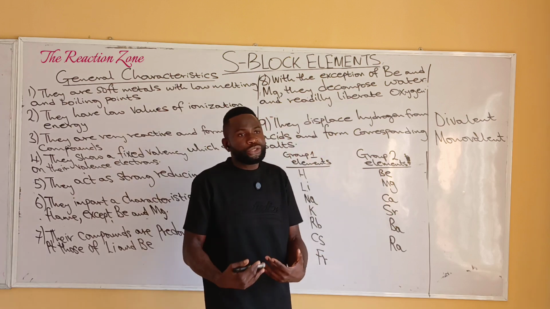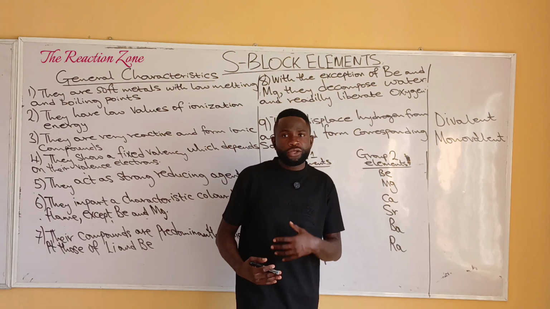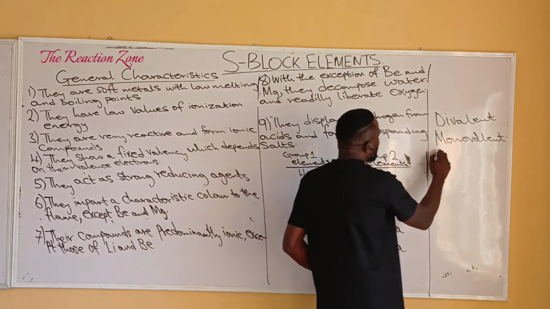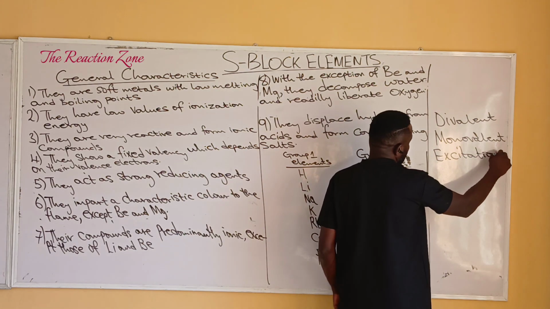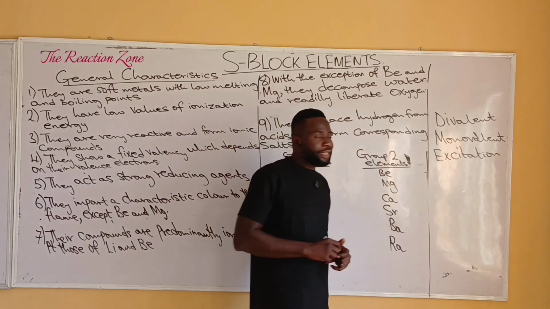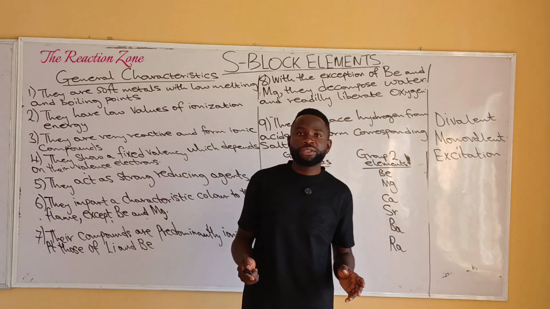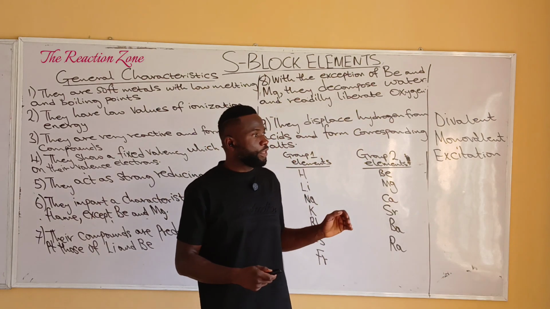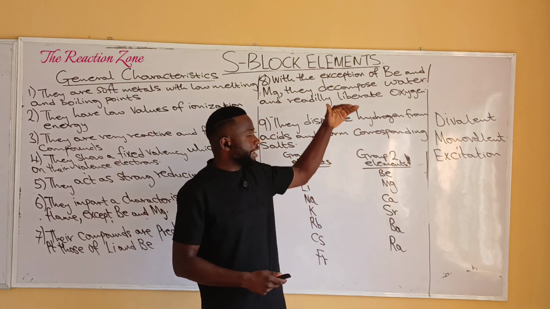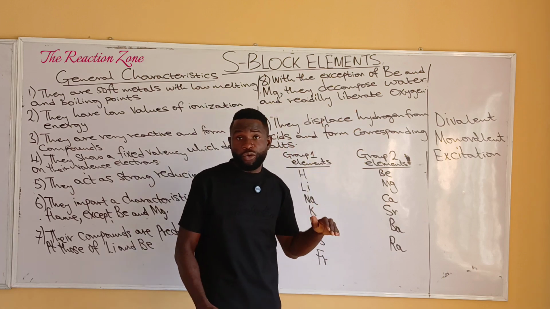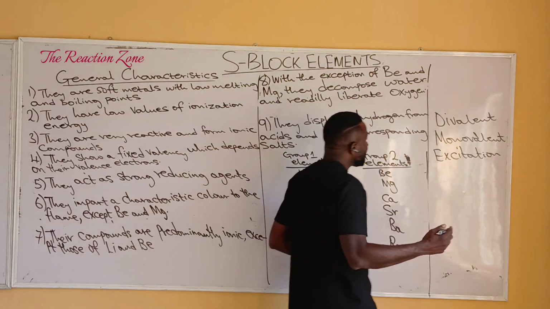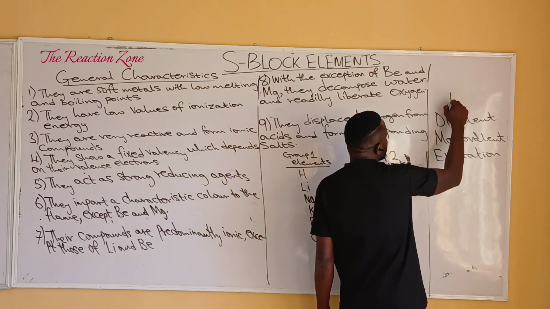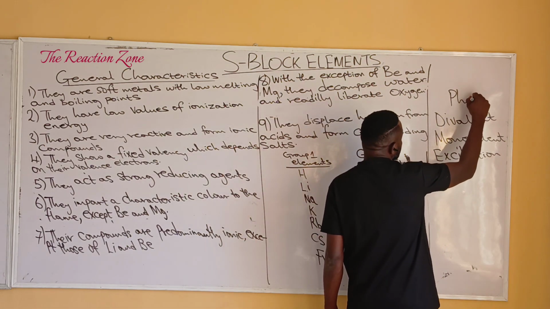The movement of electrons from a lower energy level to a higher energy level is called excitation. In the excited state, the electrons are not stable. So they quickly move from the high energy level back to the lower energy level. And in the process of doing this, they emit light in the form of photons.